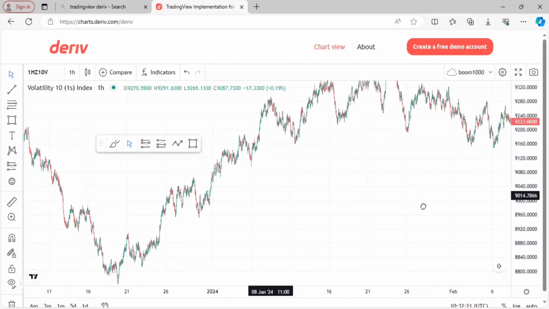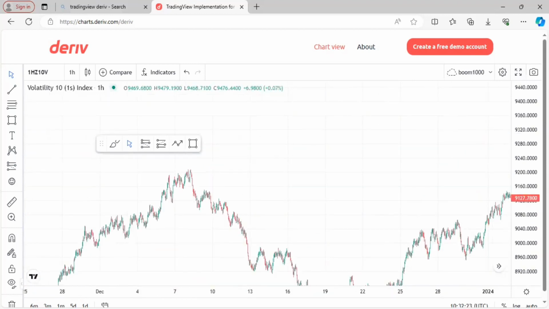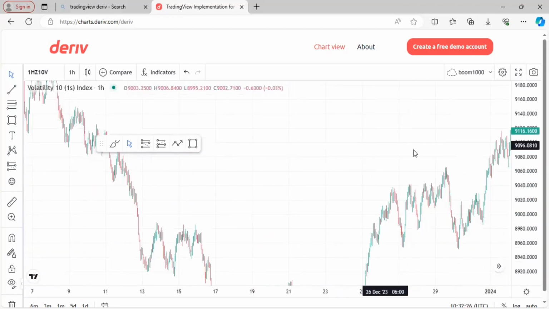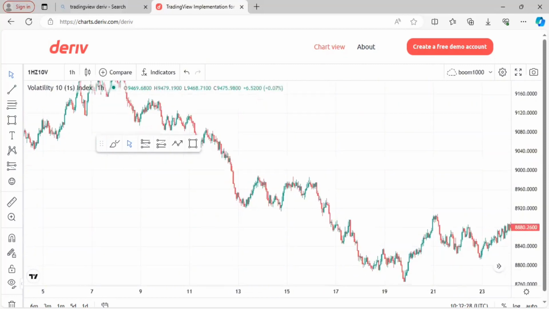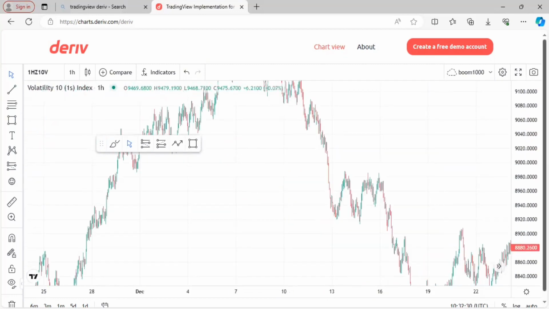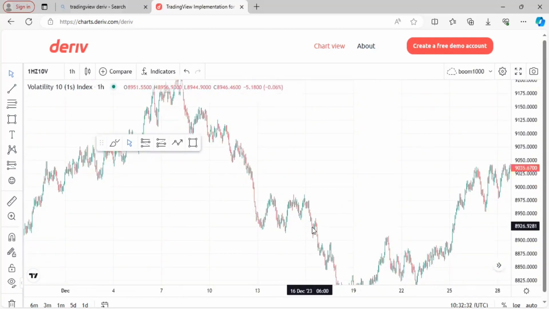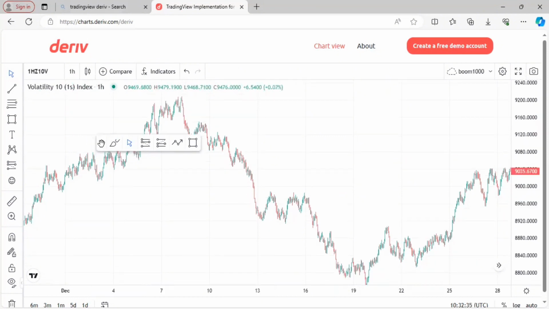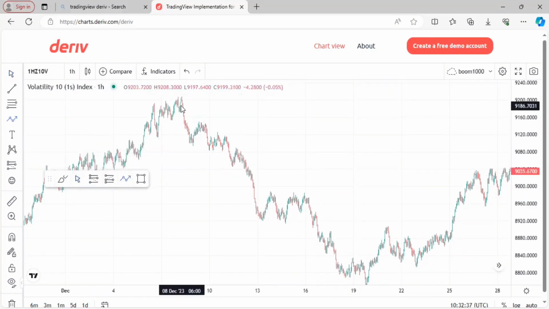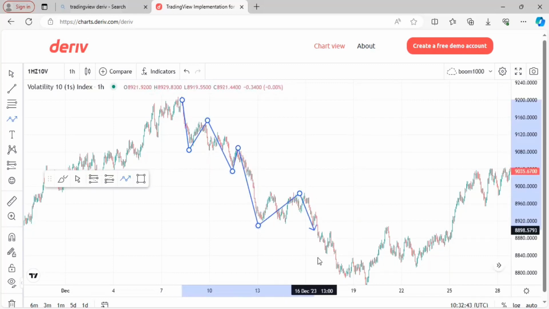So we have what? Zoom in, and we have market playing out, right? There's lower high, lower low, lower high, lower low, lower high, lower low, lower high.